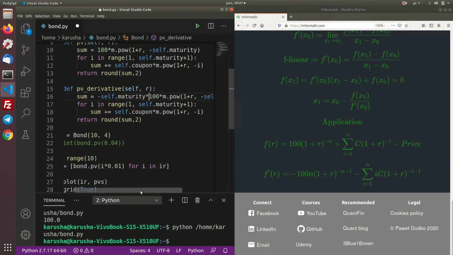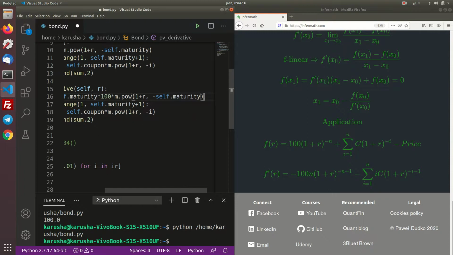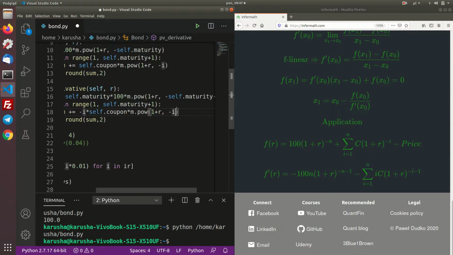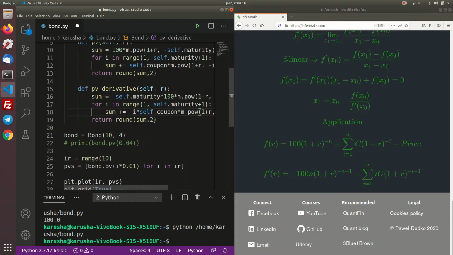And here we also need to decrease the power by 1. And the same thing here. Minus i times this term minus 1. Okay, so this is the derivative of our present value function.